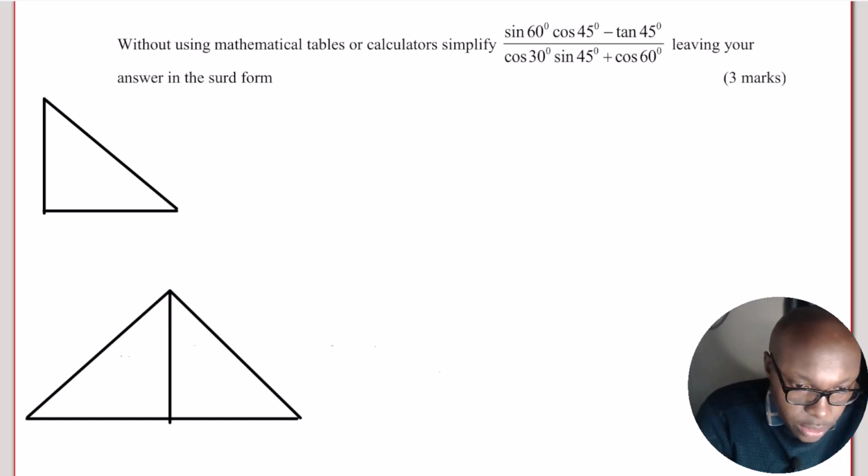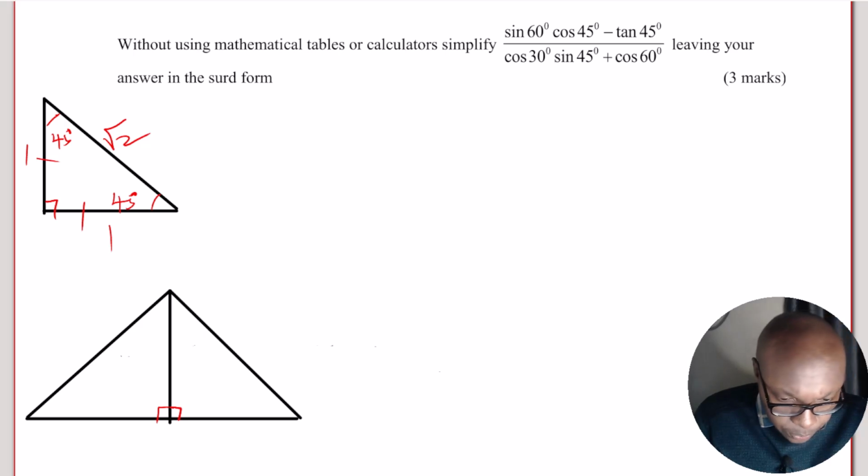So we have this one is 90 degrees. This is side 1 unit, this is an isosceles, this is 1 unit. Then this will be 45 degrees, this is 45 degrees, and then the hypotenuse will be root of 2.